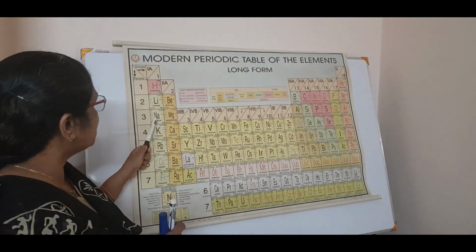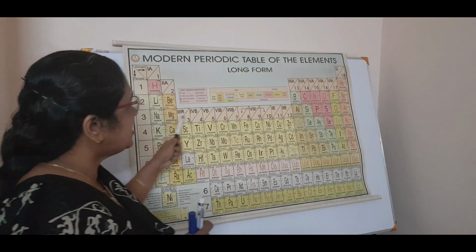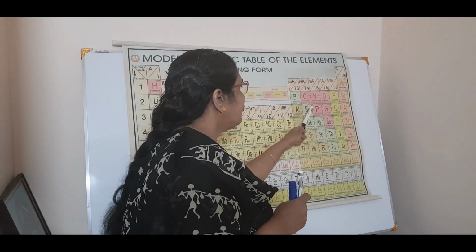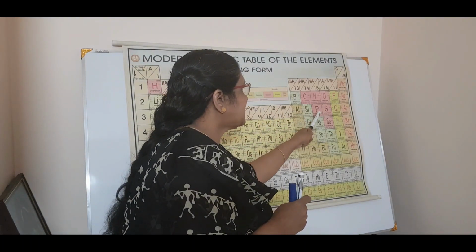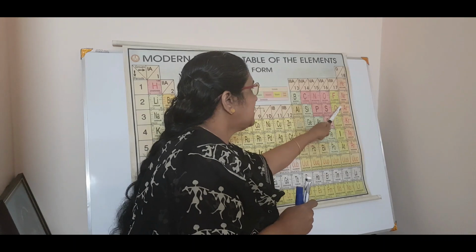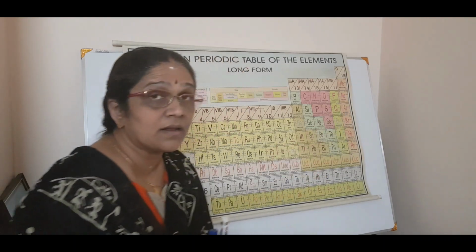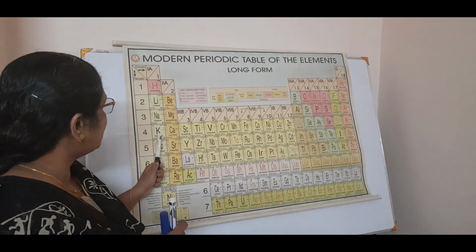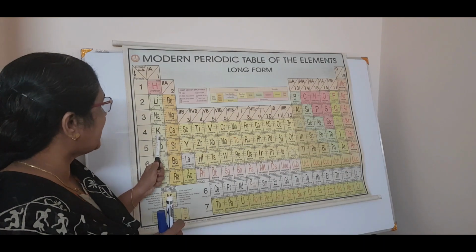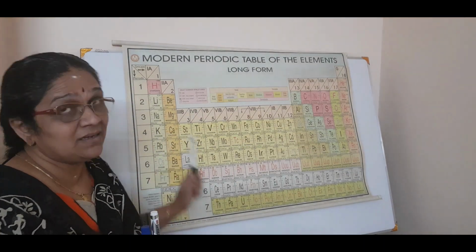Then again 11 sodium, 12 magnesium, 13 aluminium, 14 silicon, phosphorus 15, sulfur 16, chlorine 17, and argon 18. And the last potassium 19 and 20 calcium.